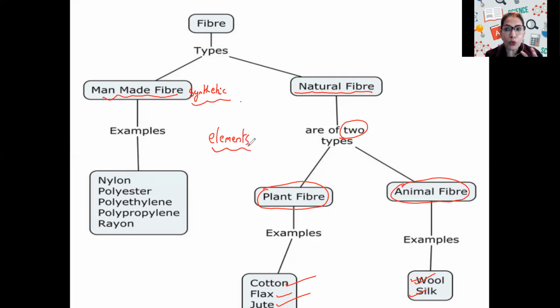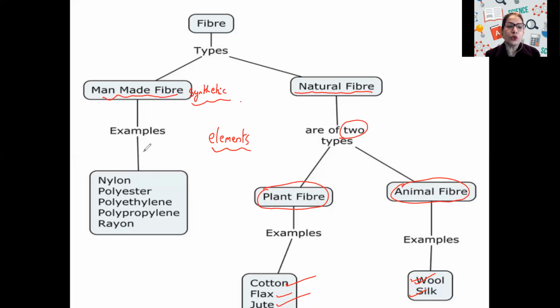Previously, elements were found in the earth's crust and in nature, but now elements are being prepared by man in the labs. So you can imagine to what extent science and technology has developed, and it is going on developing day after day.